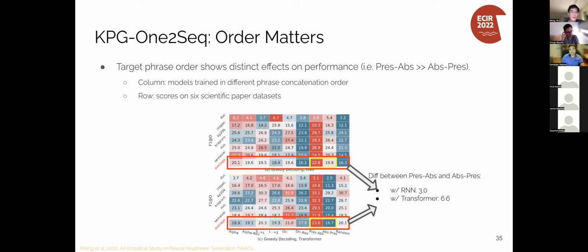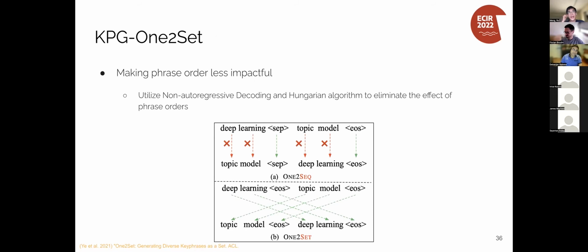So a natural way to eliminate such effect of ordering is by removing them during training. And this leads to the third paradigm, which is called one-to-set. So in one-to-set models, during the training, they just replace the autoregressive decoding by a non-autoregressive way.